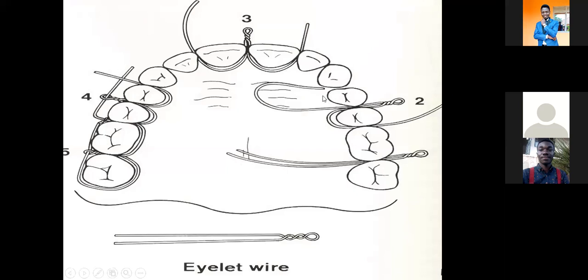Unfortunately, on this slide it is not showing the mucosa, but you know that it is mucosa. We don't put this thing on the mucosa, never, never.